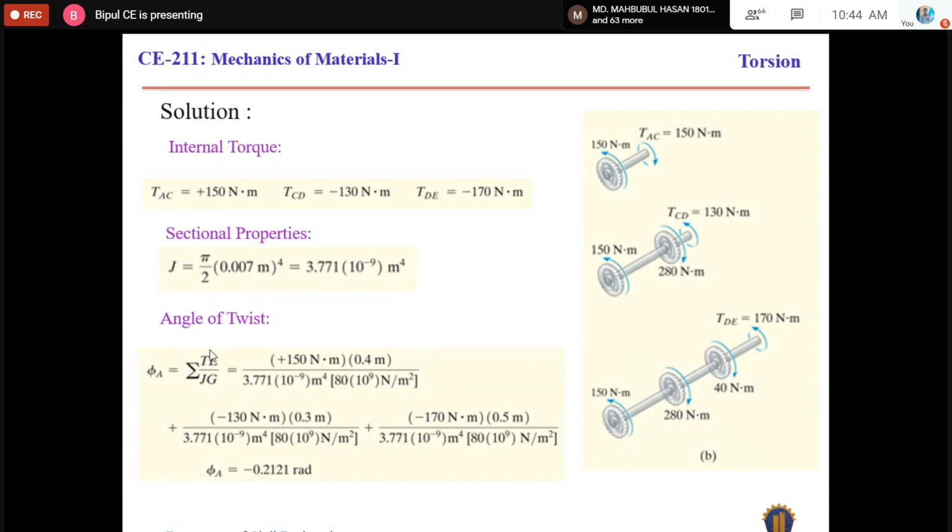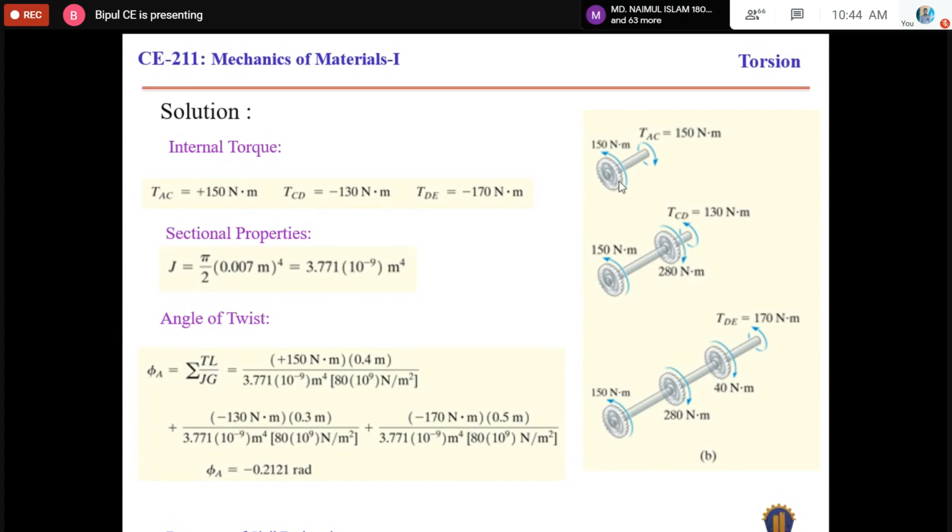And then we will apply this equation, summation of TL over JG, as different segments are subjected to different amounts of internal torque. So we have to apply this equation.